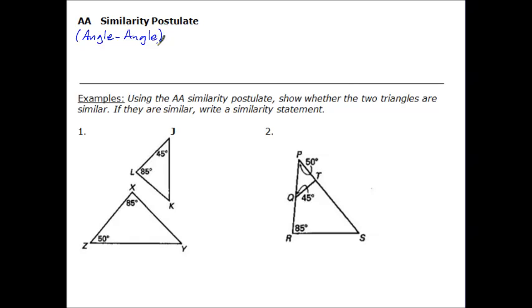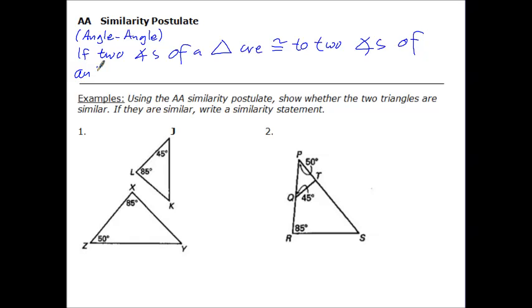The angle-angle similarity postulate states that if two angles of a triangle are congruent to two angles of another triangle, then the two triangles are similar.